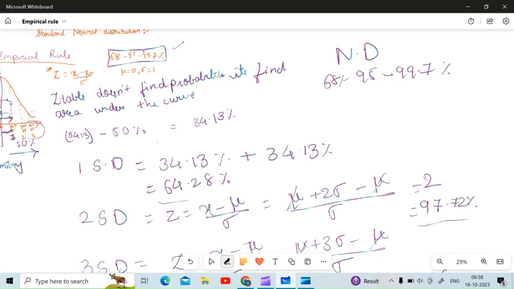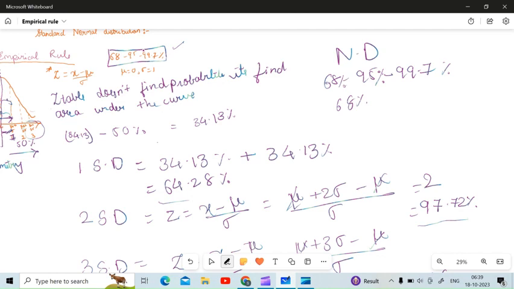It states that approximately 68 percentage of the data falls within one standard deviation of the mean. About 95 percentage of the data falls within two standard deviations from the mean, and 99.7 percentage of the data falls within three standard deviations from the mean.